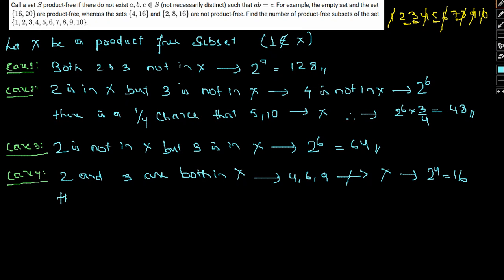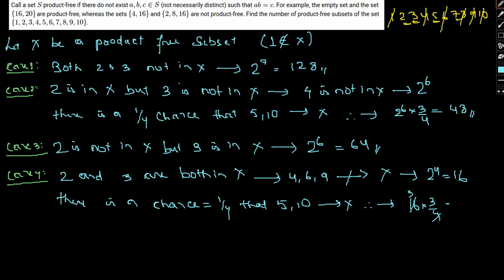Again, there is a chance equal to 1 by 4 that 5 and 10 are both in X. So therefore our total subsets will be 16 into 3 by 4, so 12 cases over here.